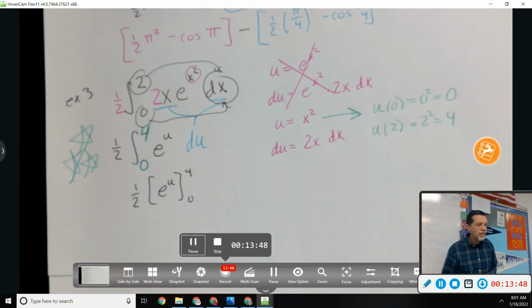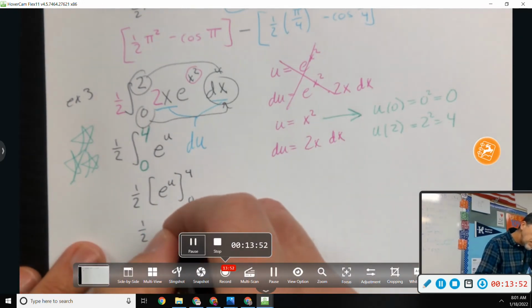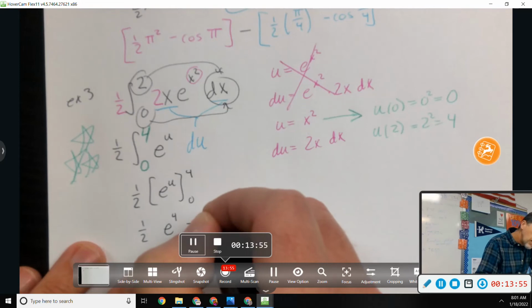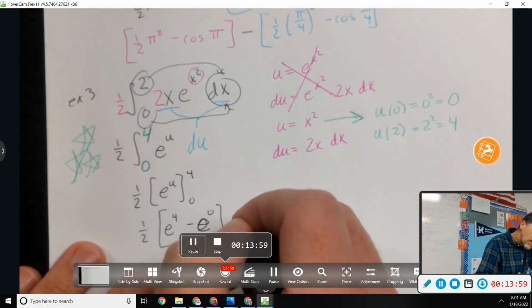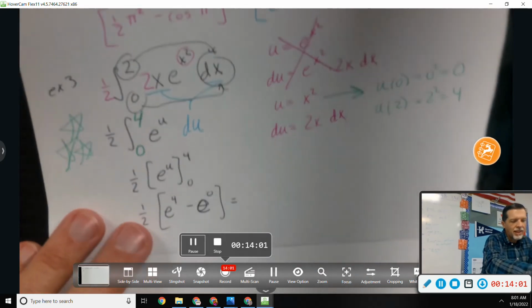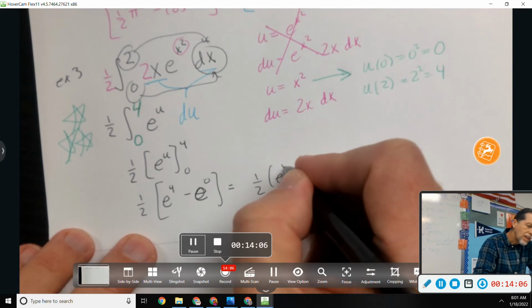And so now I can plug in 4 and plug in 0. So e to the 4th, minus e to the 0. That's a safe stop, but e to the 0 is 1, so 1/2 (e to the 4th minus 1).